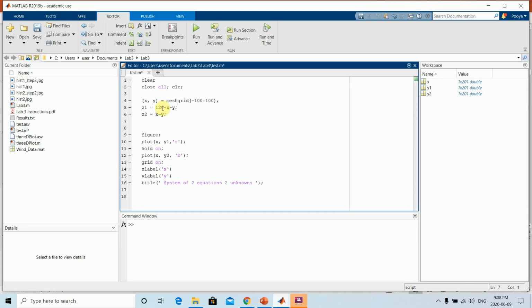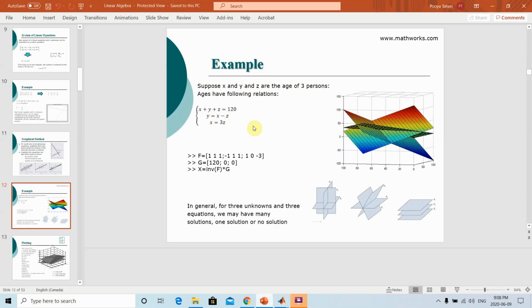And z3 is going to be equal to x divided by 3.